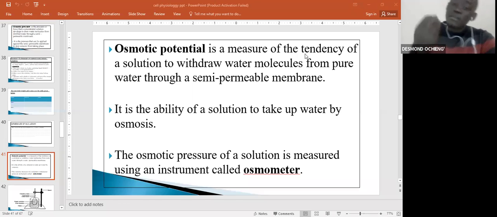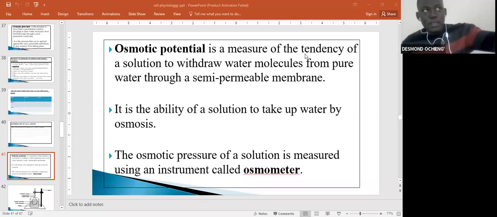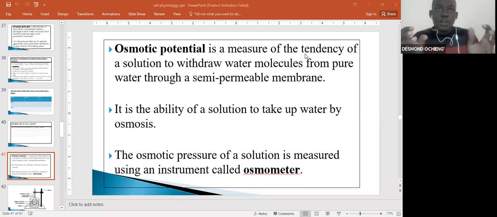It's like the ability. From your English knowledge, potential refers to that hidden ability. People who have talent, you've always been told that you have a lot of potential, meaning there is some hidden ability in you that we can see. Or if you come to class and we see that you have talents in doing other things, we always tell you that we can see some potential in you.